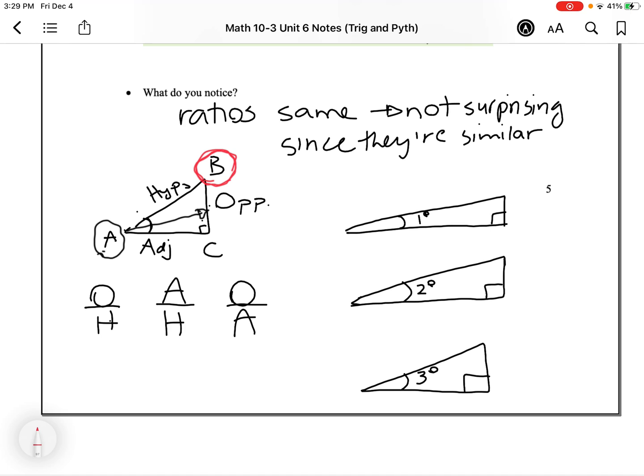The side that's opposite angle B is the one that was adjacent to angle A. So this one, if you go across from angle B, I'll do this one in red, is the opposite side to angle B. And the one that's next to angle B is the one that was opposite angle A. So opposite and adjacent really depend on the angle that you're considering within the triangle.